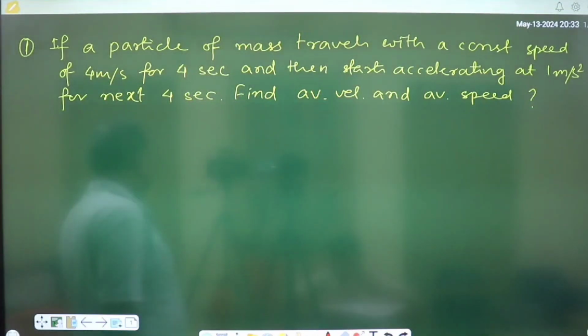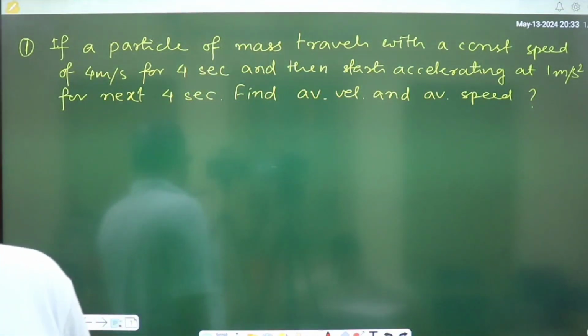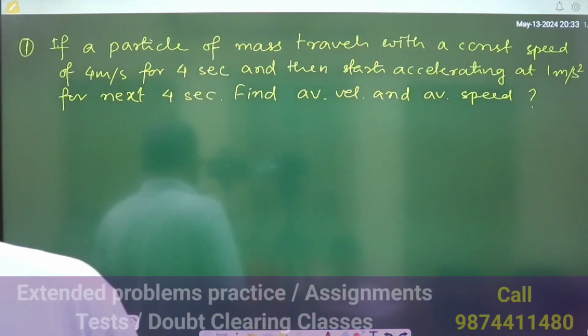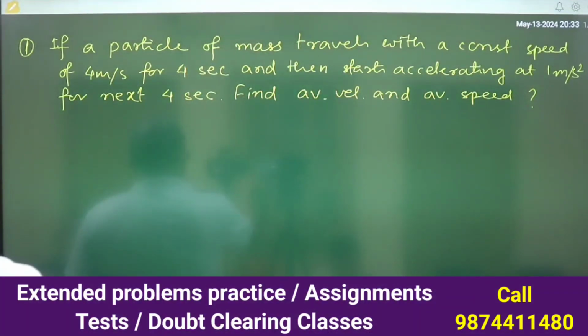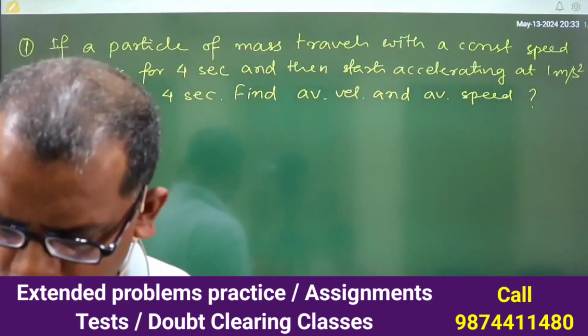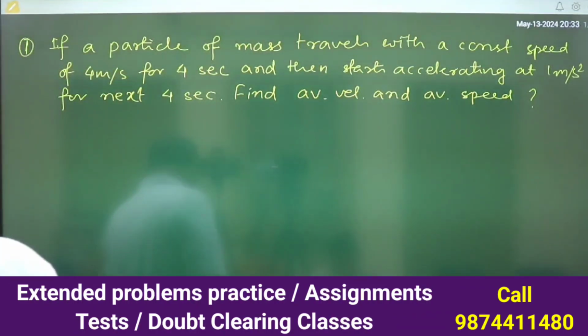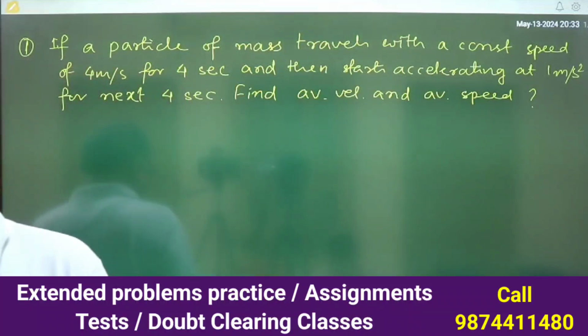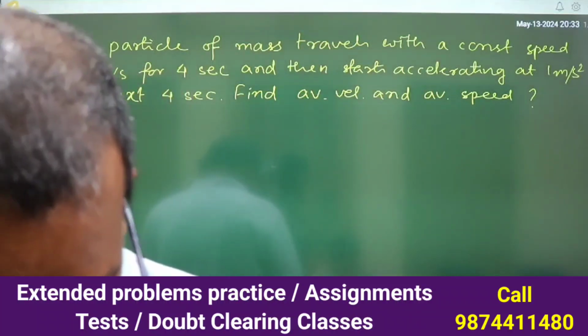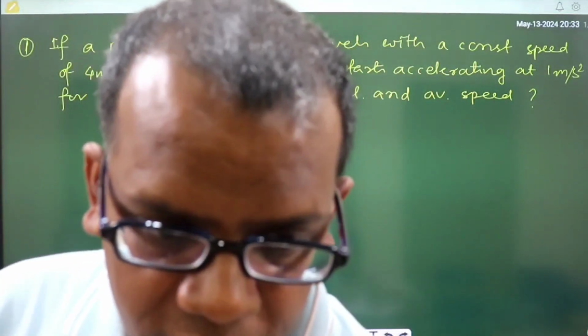So altogether it is a journey of how much? 8 seconds. So tell me about the average velocity as well as average speed. Can you tell me what is the meaning of average velocity of a journey? How do we calculate average velocity?